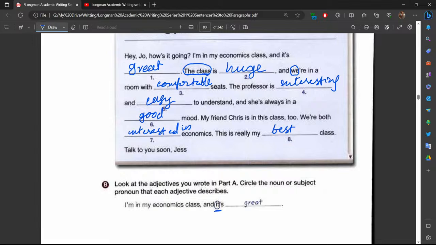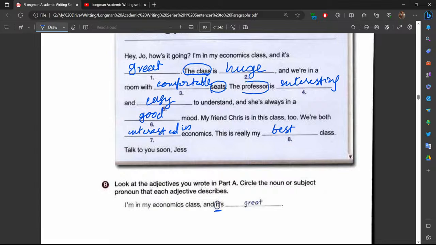In a room with uncomfortable seats. Circle the noun or subject pronoun that each adjective describes. Comfortable seats. Here, this one describes this one. The class is huge and we are in a room with comfortable seats.